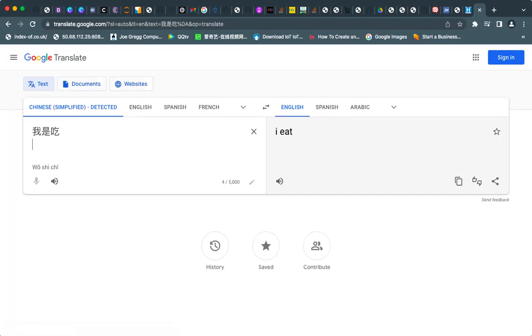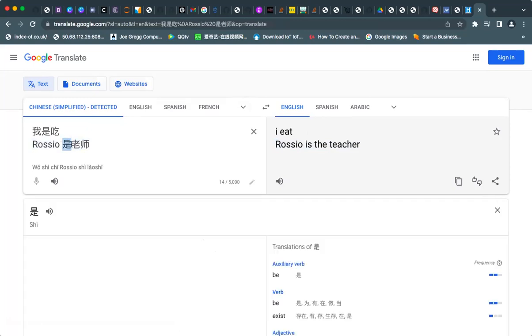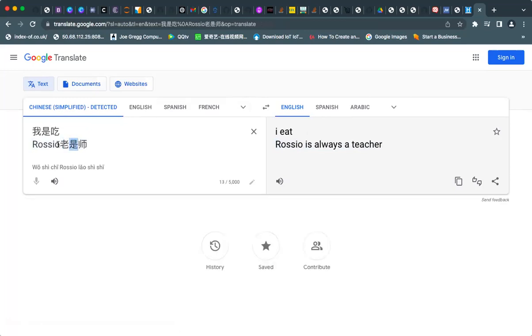For example, we say Rocio 是老师. Rocio is the teacher, right? So whatever is on this side is equivalent to what's on the other side.